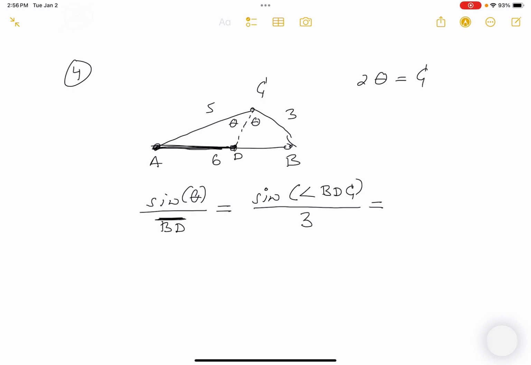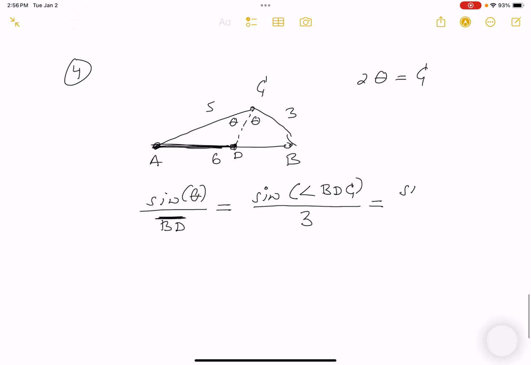Well, the sine of BDC is exactly the same as the sine of ADC. Again, the sine of angle BDC is the same as the sine of angle ADC. Got a straight line over there, all right? Over 3.